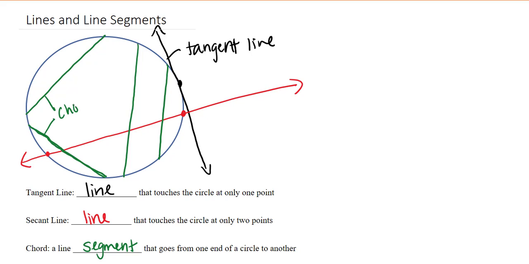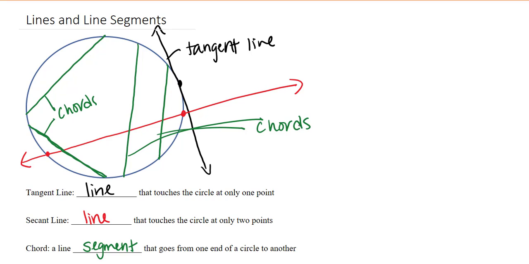So these are chords. These are also chords, right? So it just kind of shows you how many ways it could look different, and there's so many more things we could show.